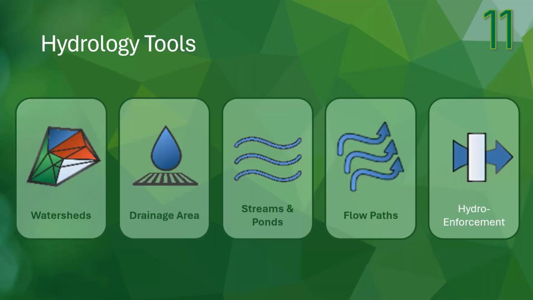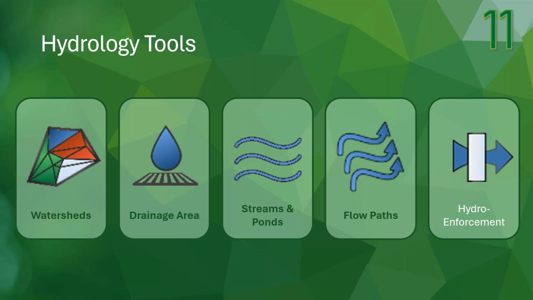Version 11 features 5 new hydrology tools. These tools can really help you understand key considerations with drainage in your project. The first 4 of them are available through our hydrology tools drop-down menu on the terrain modeling tab.